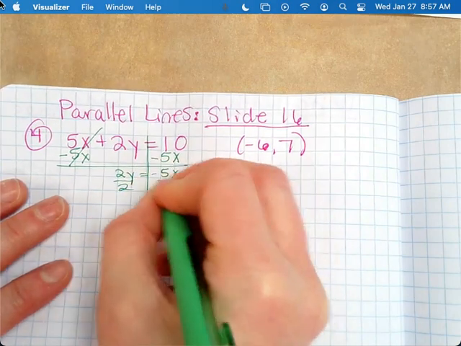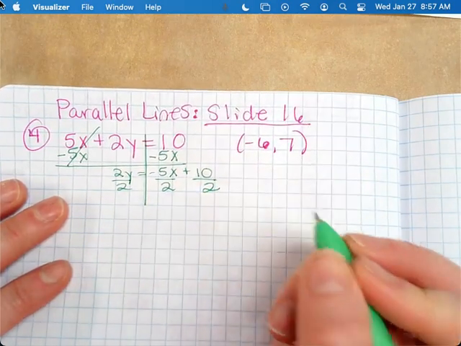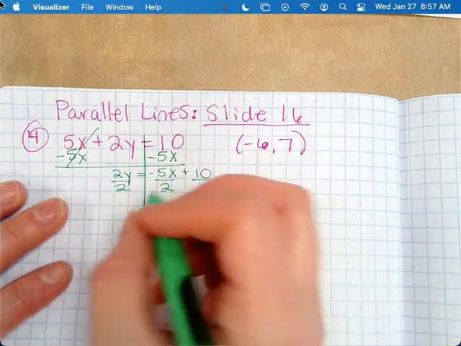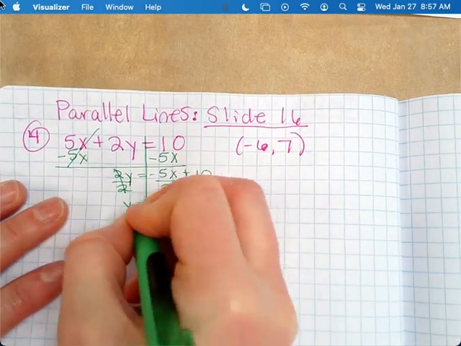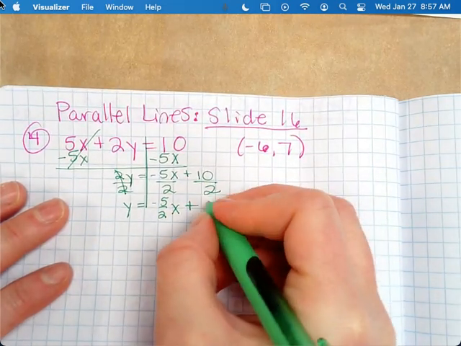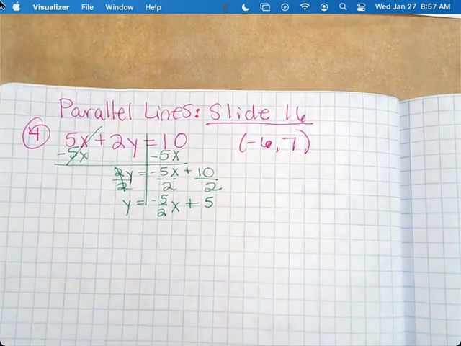Divide by 2. So then that gives us y equals -5 over 2x plus 10 over 2, which is 5. There we go.